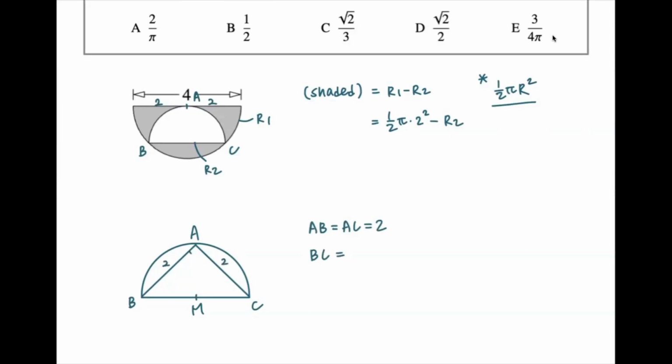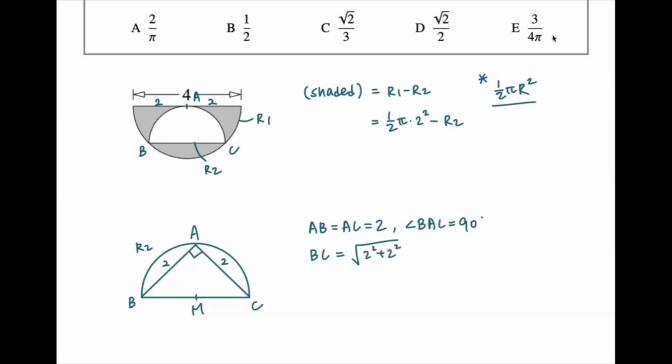And we know this angle here is 90 degrees because BC is the diameter of R2. Therefore, we know that the angle that the diameter makes on the circle is 90 degrees. Therefore, we can use Pythagoras' theorem, as I've mentioned.